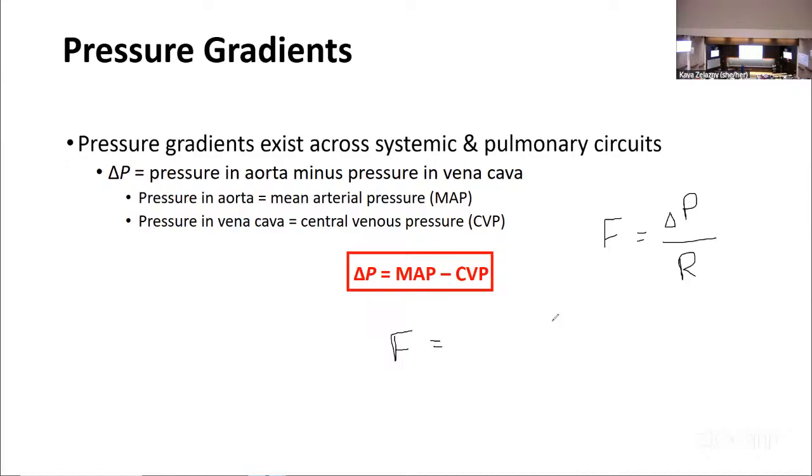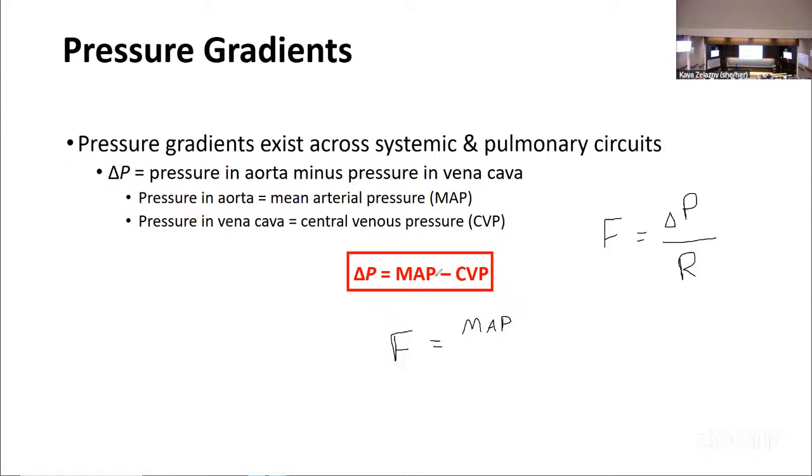We actually talked very briefly at the end of last unit about our mean arterial pressure, which is an estimate of the pressure in the aorta over the full heart cycle. So that's our bigger value, right? That's the beginning of our pressure gradient. So we're going to sub in that. Yep. So that's our MAP.